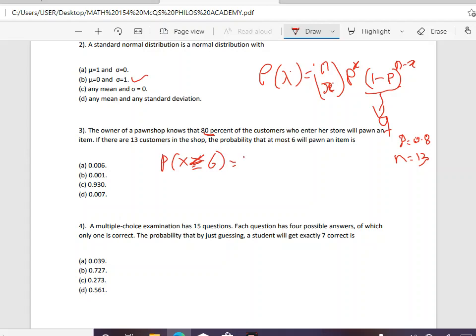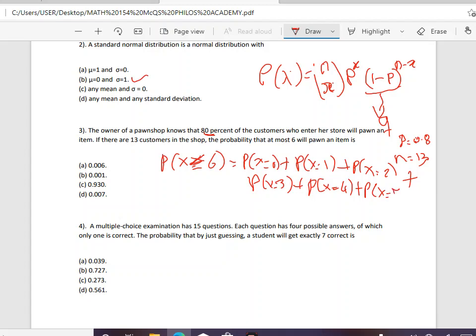Which means probability that x is exactly 0 or probability that x is exactly 1 or probability that x is exactly 2, or means plus, okay, or probability that x is exactly 3 or exactly 4 or exactly 5 or exactly 6. You stop at 6, at most 6, less than or equal to 6.